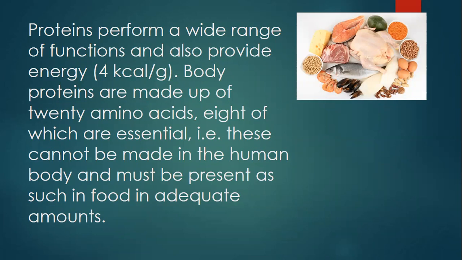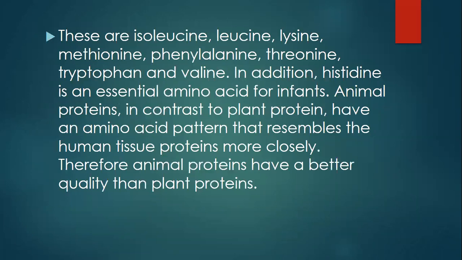Body proteins are made up of 20 amino acids, 8 of which are essential, i.e., these cannot be made in the human body and must be present as such in food in adequate amounts. These are isoleucine, leucine, lysine, methionine, phenylalanine, threonine, tryptophan, and valine.